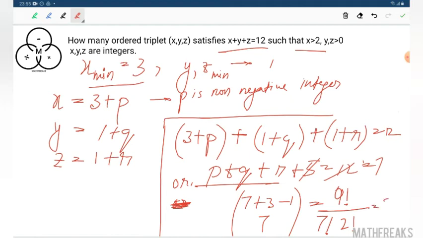This is 9 into 8 by 2, so the answer is 9 into 4, which equals 36. This is the number of answers.